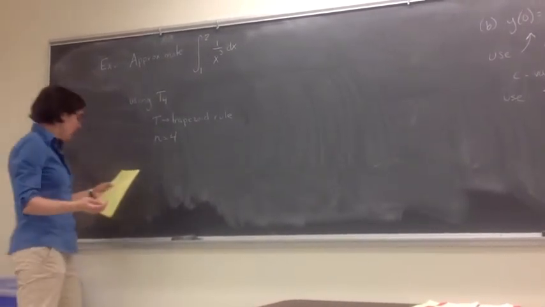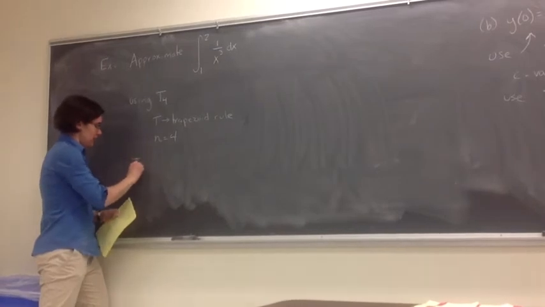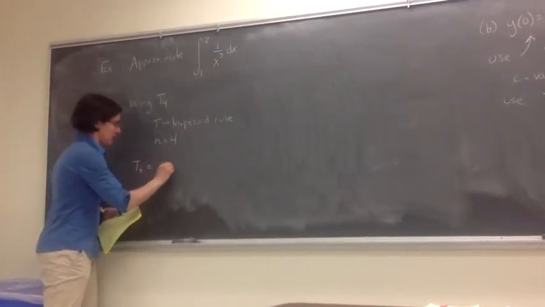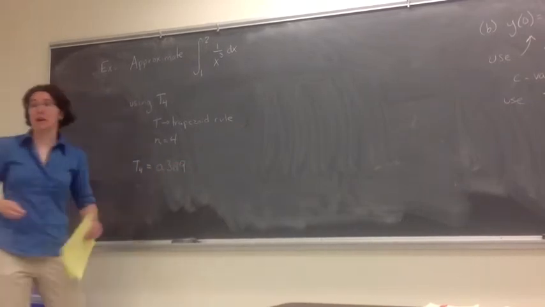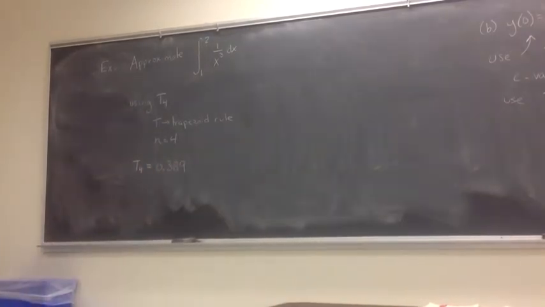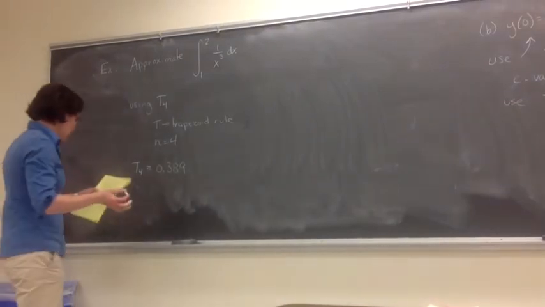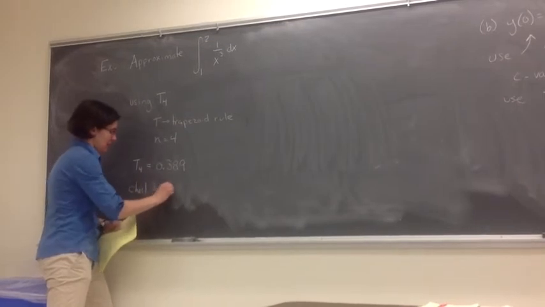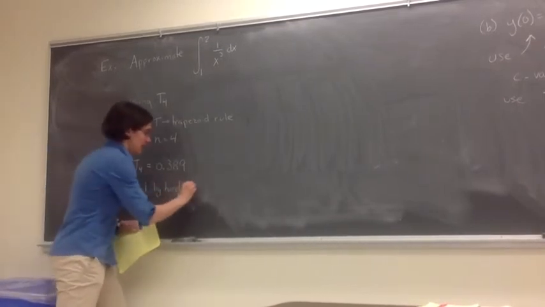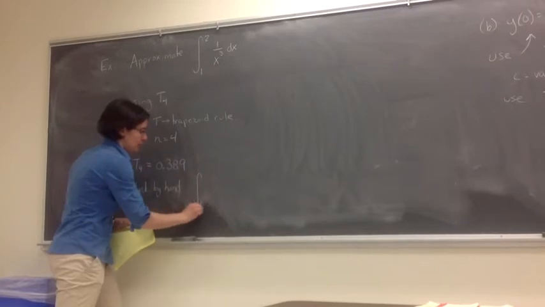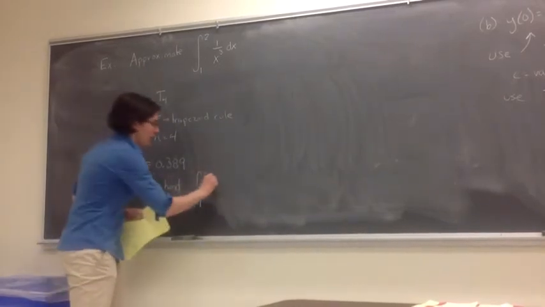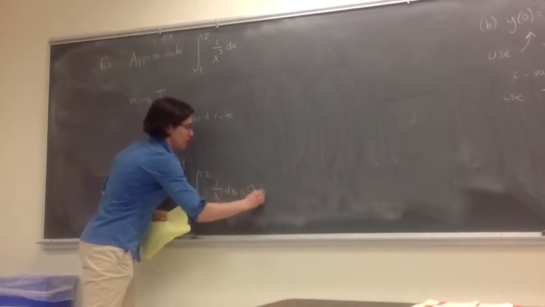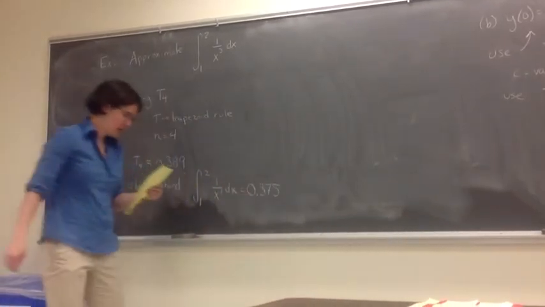Okay, so we did this and we came up with our T4 value of 0.389, or something very, very close to that. And I also said that you should check by hand that the exact value of the integral from 1 to 2 of 1 over x cubed dx is exactly equal to 0.375.